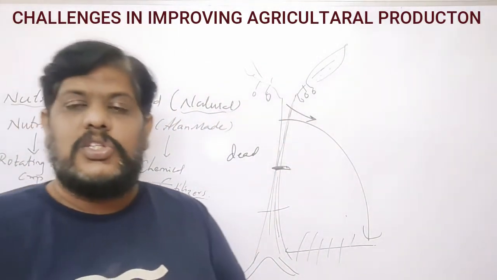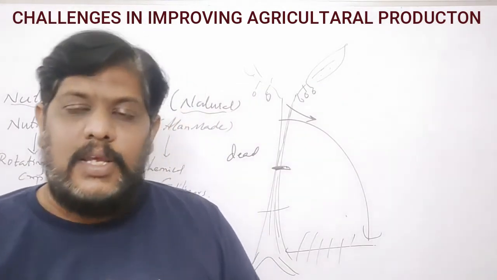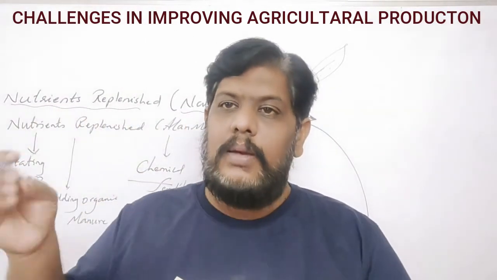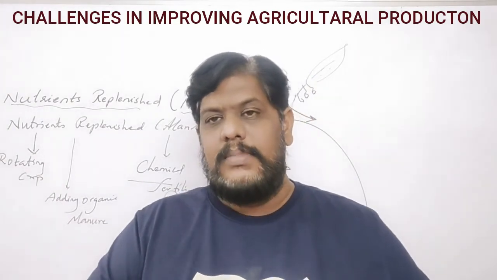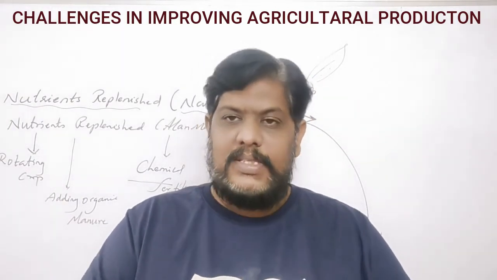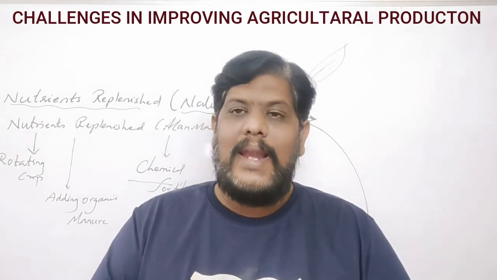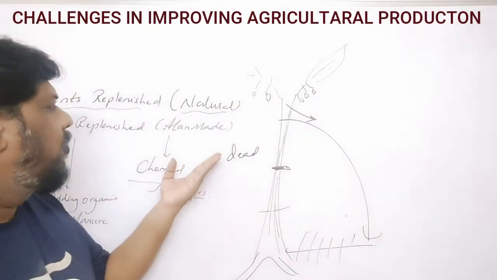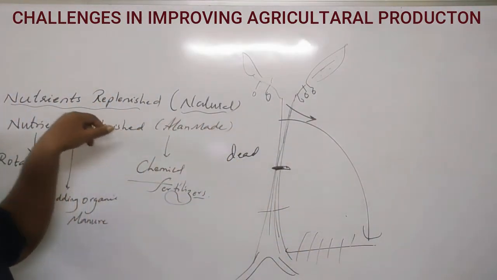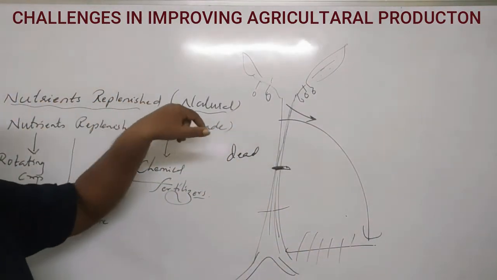So soil always gets renewed because more and more nutrients keep getting added to it. Land where there are trees will never become barren land. It always remains fertile land. This is how nutrients get replenished in a natural way.